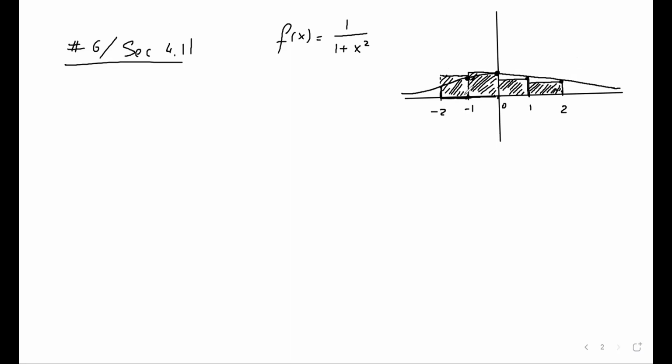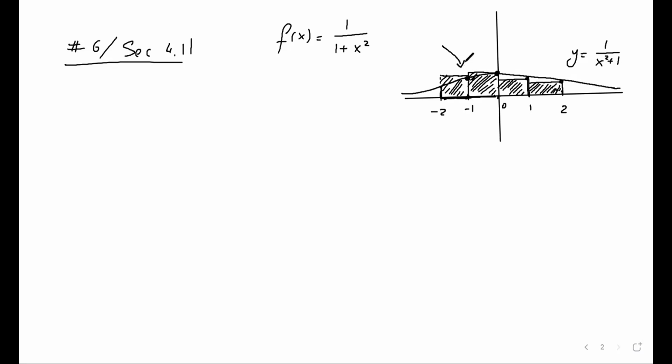All of these rectangles have heights equal to the value of the function f, which is 1 over x squared plus 1, evaluated right above the right endpoint of each of the intervals.